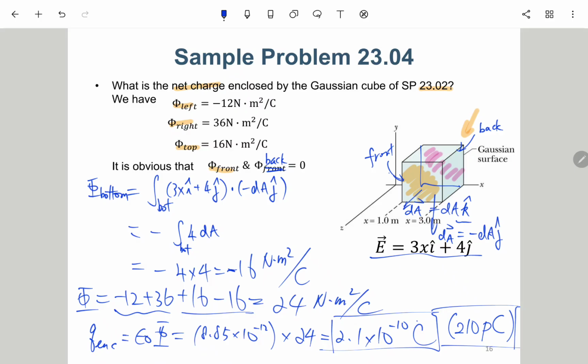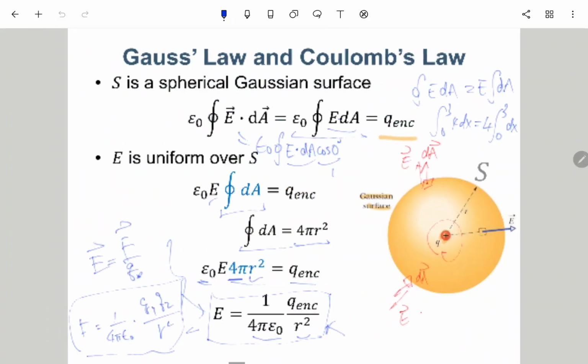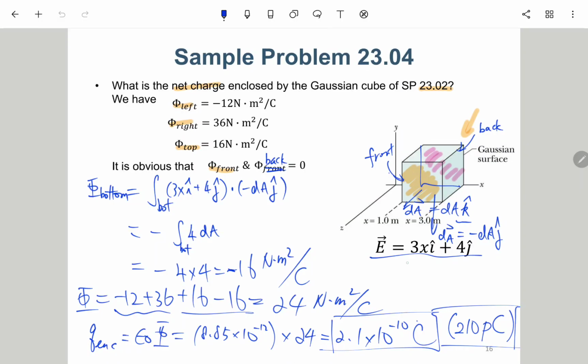Probably there should be some symmetry to generate this. If we really wanted to know how the charge is distributed, we probably need to solve the Maxwell equations, and it is probably not easy to do by hand calculation.